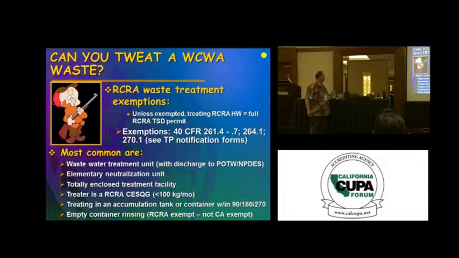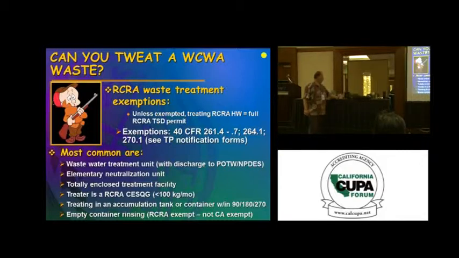Right. And then the treater is a conditionally exempt small quantity generator. Remember, RCRA does not care about anybody that generates less than 100 kilograms per month. They're not in the RCRA world. If you're not in the RCRA world, you don't have to follow RCRA rules. But you're still in the California world, and you still have to follow California rules.